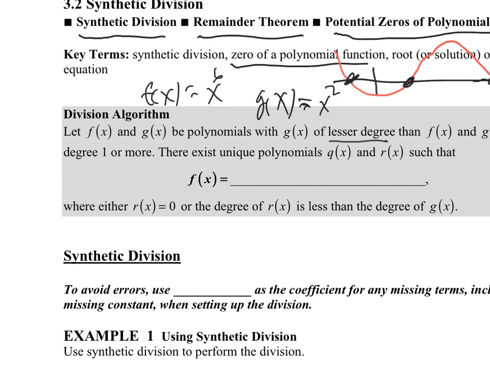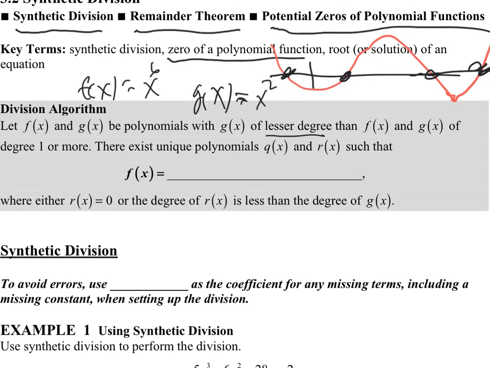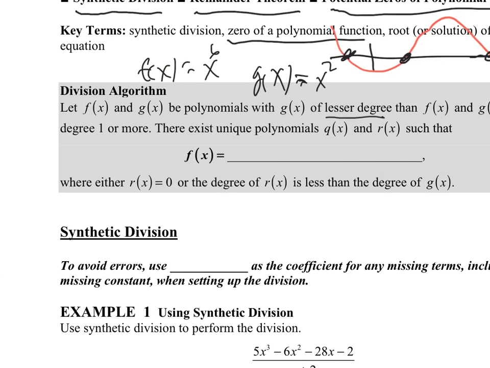It could be anything like that, and there could be more terms. f of x and g of x of degree 1 or more. They have to be more than 1 degree, because degree 1 is only a line.